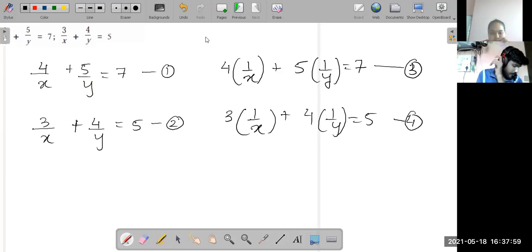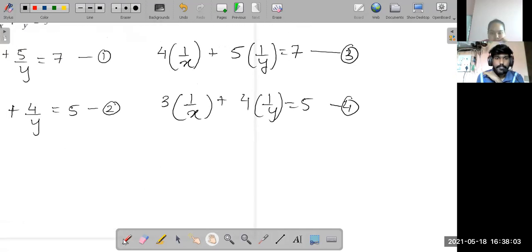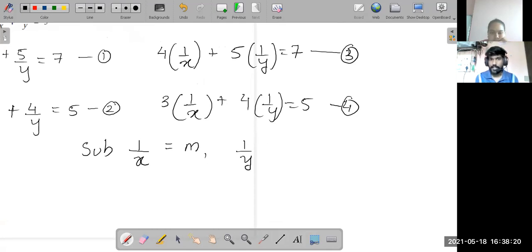Okay, so now we have to do substitution. What you do is you substitute 1 upon x as some new variable, let's say m, and you substitute 1 upon y as some new variable, say n. So 1 upon x is m, 1 upon y is n. Let's do the substitution.